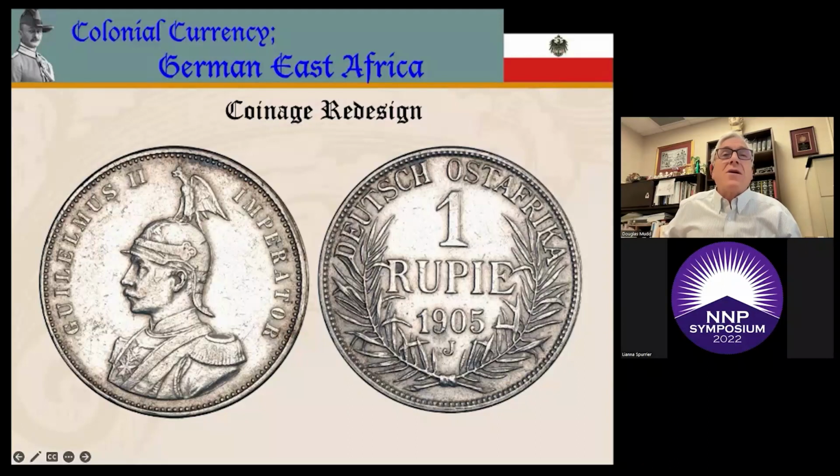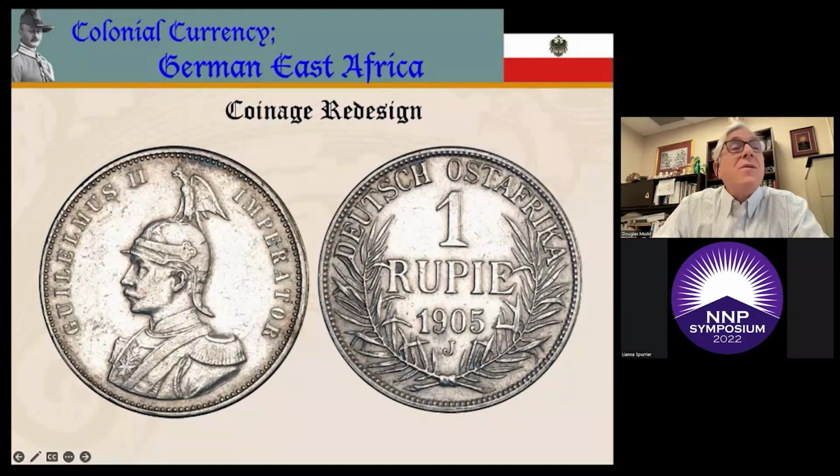Dar es Salaam was a model colonial capital, which on the eve of the war, literally in June of 1914, celebrated a major event in celebrating the colony itself at the time of the completion of the Central Railroad, which went from Dar es Salaam all the way to Lake Tanganyika, opening up Central Africa to the rest of the world in a way that hadn't been done before, except through Belgian Congo.